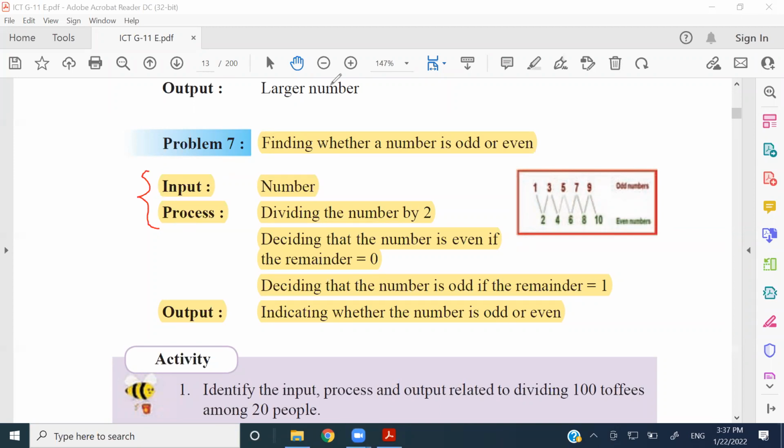Right, so this can be written as sequence. And these two things can be named as selections.